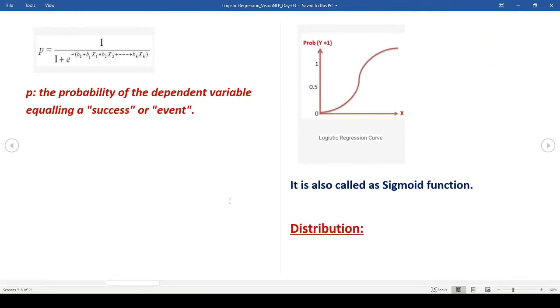If you look at this equation once again, every change in x will reflect in the form of p inversely, right? Because all of these, like beta naught, are constants, so the constants will just remain the same.